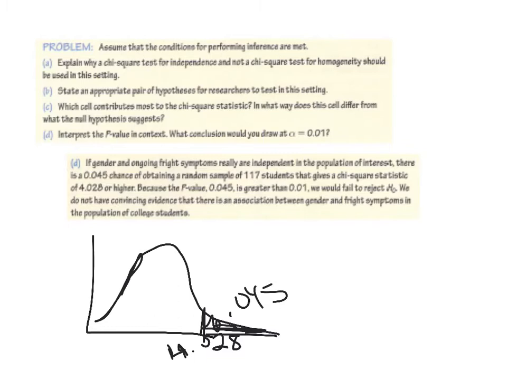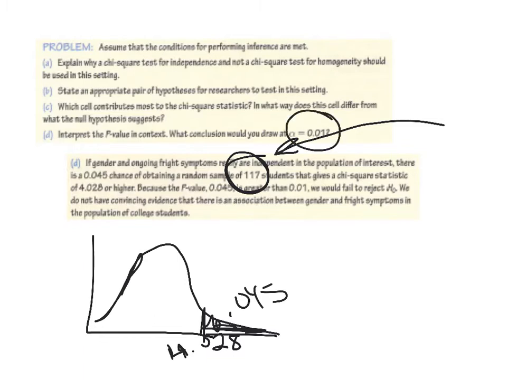And so if gender and ongoing fright symptoms really are independent, because remember, when we're interpreting a p-value, we assume that the null hypothesis is true. If gender and ongoing fright symptoms really are independent in the population of interest, there is a 0.045 probability of obtaining a sample of 117 students that gives us that chi-square statistic or higher, because it is greater than.